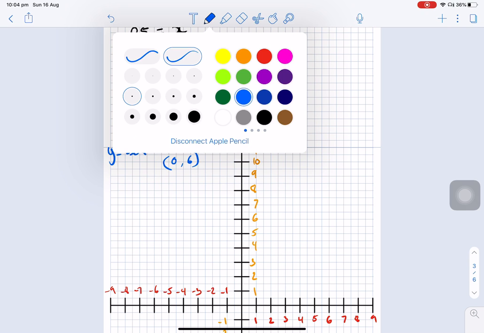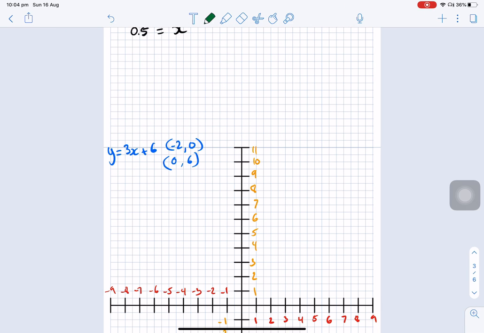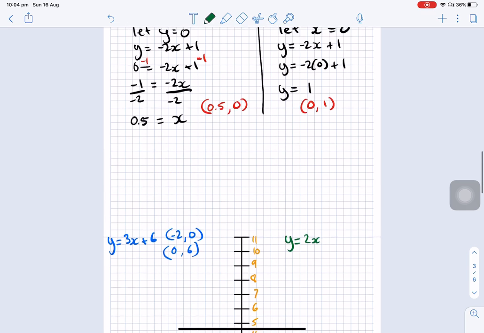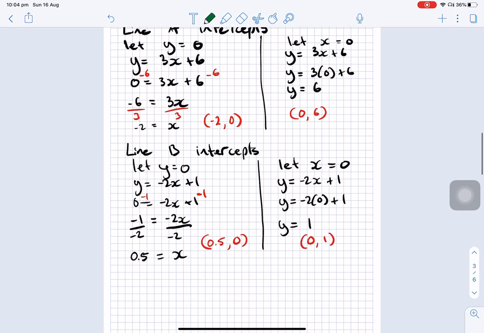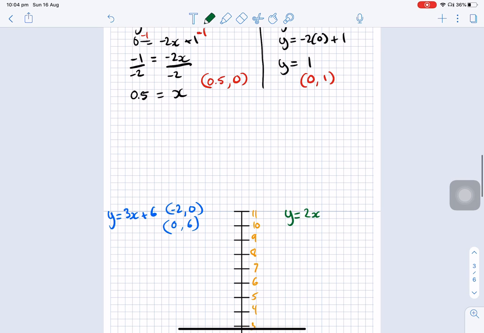And then in green we'll put line B, and that equation was y equals negative 2x plus 1.